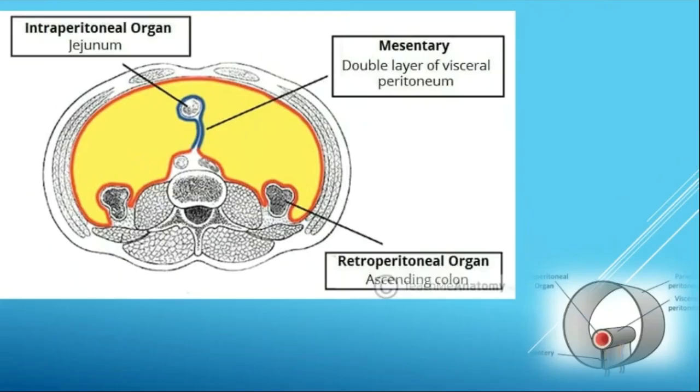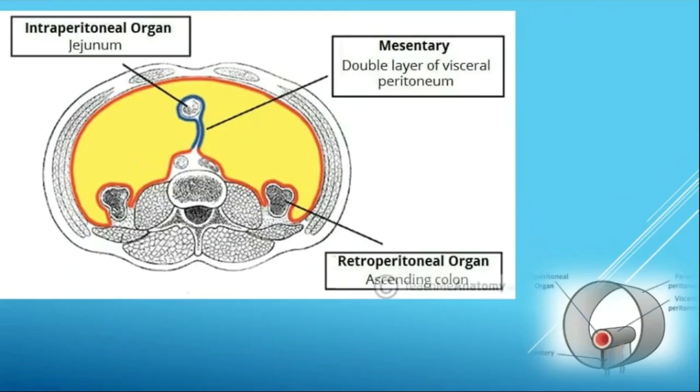This gut tube will push into the peritoneal cavity, taking the blood supply and the nerve supply with it. So on either side of the blood supply and the nerves, there will be another two peritoneal folds. Collectively, these two peritoneal folds and the blood and nerve bundle are called mesentery.